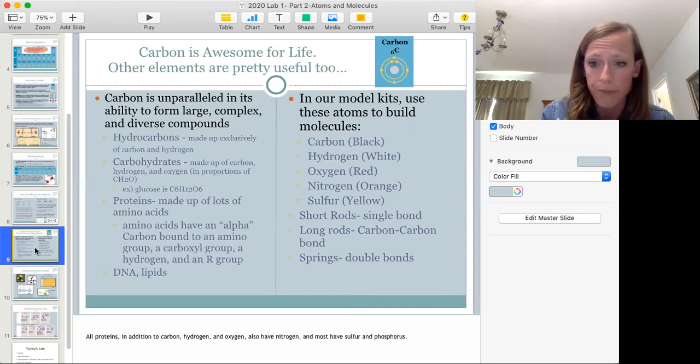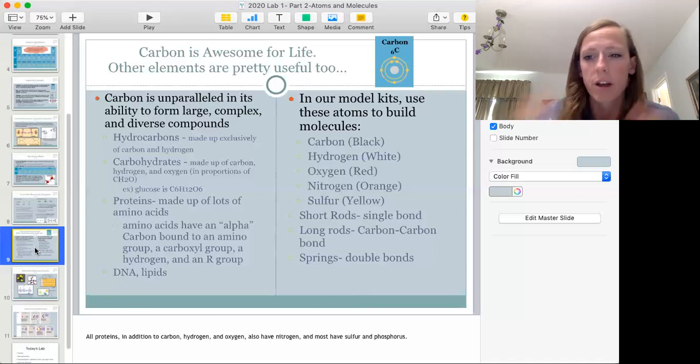Okay, glucose, sugar, right, is a well-known carbohydrate that exists in this ratio. So glucose's molecular formula is C6H12O6. So again, it can be increments of that proportion, 1 carbon to 2 hydrogens to 1 oxygen, but they'll usually exist in that ratio in some manner.